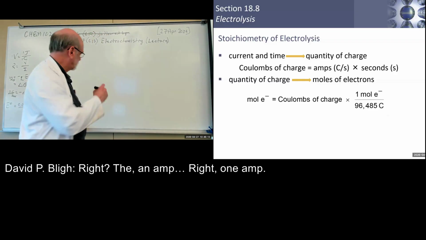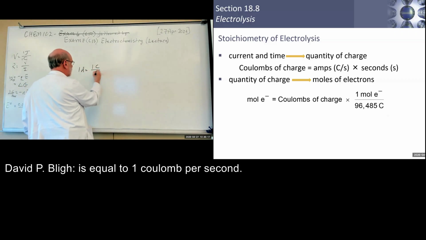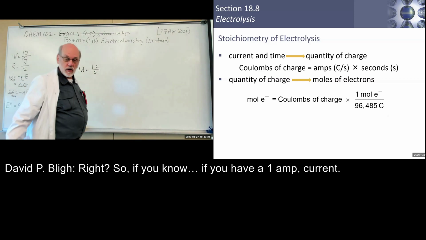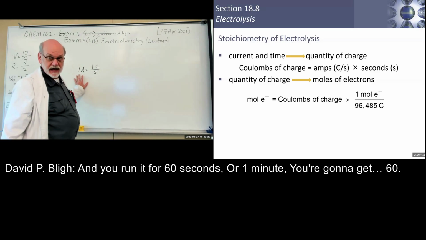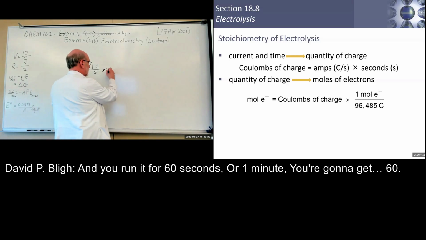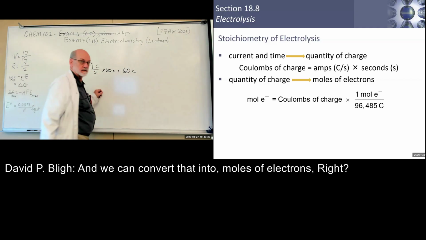An amp, right? 1 amp is equal to 1 coulomb per second. Right? So if you have a 1 amp current and you run it for 60 seconds or 1 minute, you're going to get 60 coulombs.